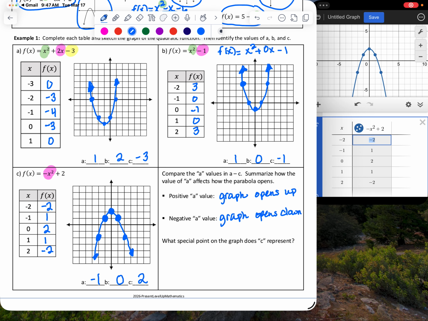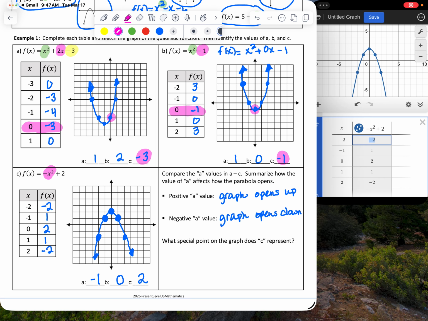Now, they also want to know what special point on the graph does C represent. So let's look at our C values. In problem A, it said C was -3. So if you look on the table, here we have 0, -3. That would be right here. In problem B, our C value was -1, and that occurred right here. And here is our 0, -1 on the graph.